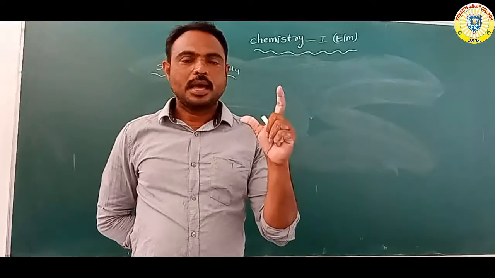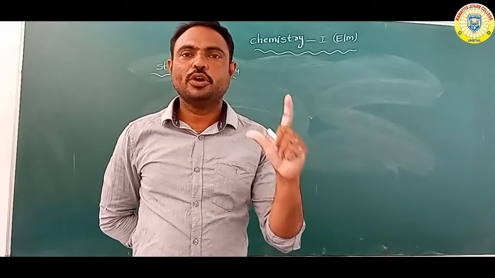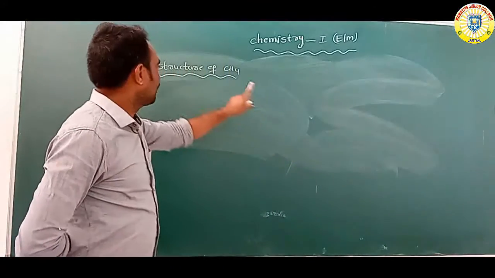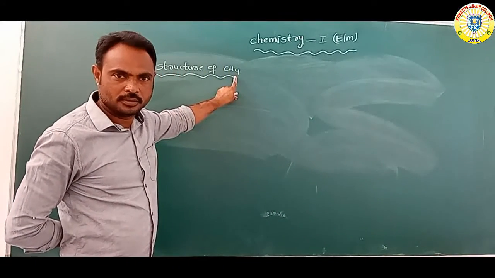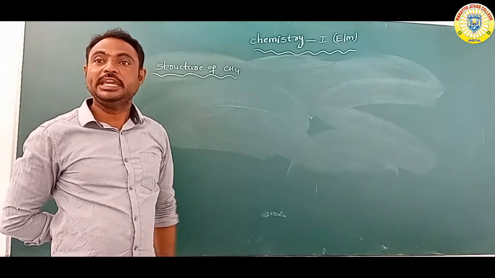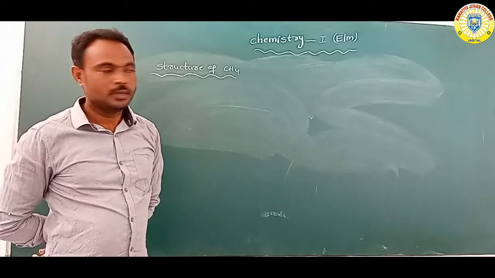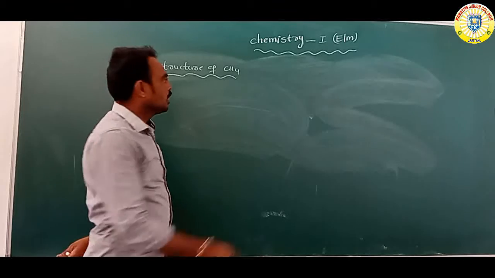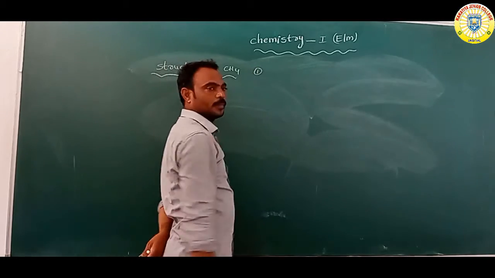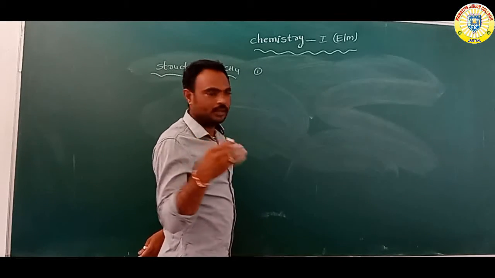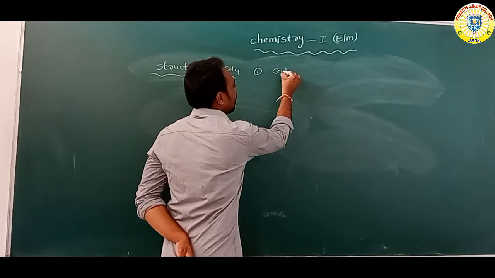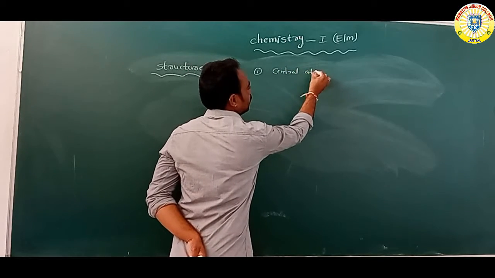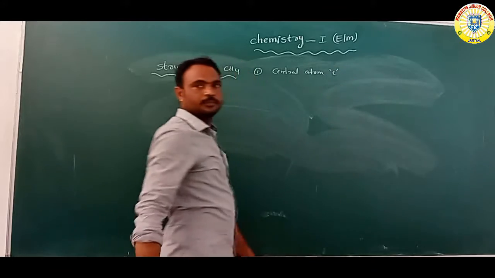Alkanes, very important compounds: number one, methane, and second one, ethane. Now the structure of methane. What is the first point? In methane, the central atom is carbon.